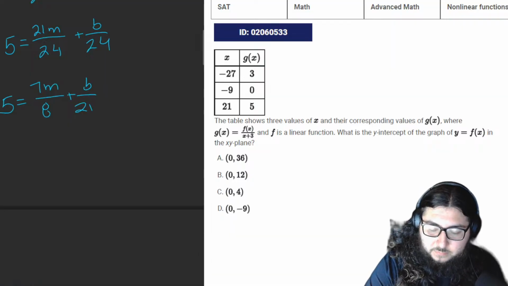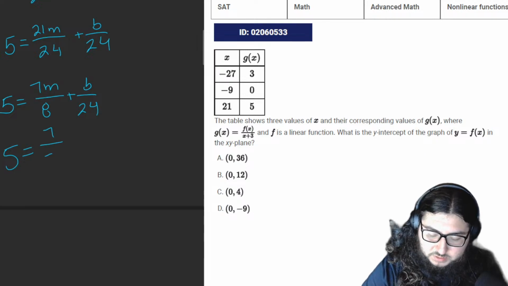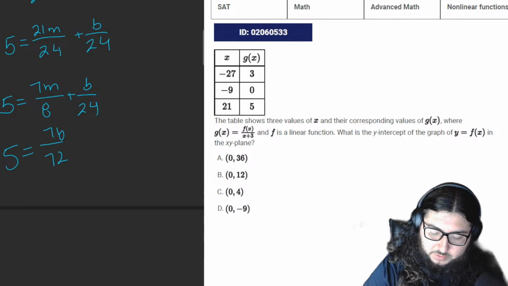So then we have 24, and then 5, we replace m for 1 over 9b. So that's 7b over 72 plus b over 24.